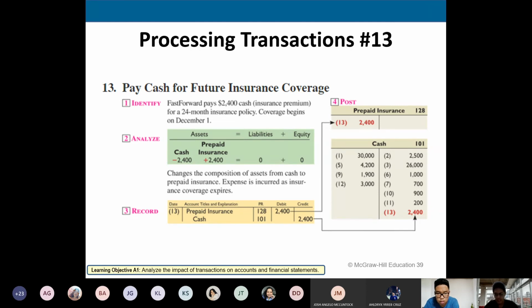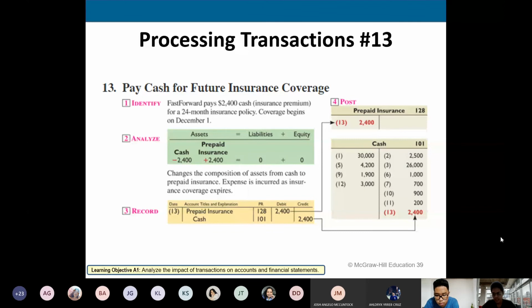Baka may machinery siya or yung mismong location ng business niya. What if in case something happens, no? At least meron siyang re-receive in return. Yan yung purpose ng insurance, no? Pag walang nangyari and expired na yung insurance mo, wala. At least insurance is a protection, no?